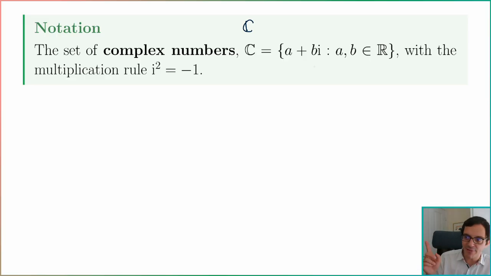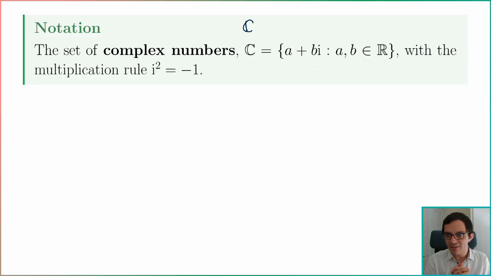I've put a little bit of that. There's the idea that i squared is minus 1, which you can either think of as a rule about i, or you can think of it as a rule about multiplication. That given two complex numbers, there's a rule for multiplying them together that gives you a complex number. a and b are real.